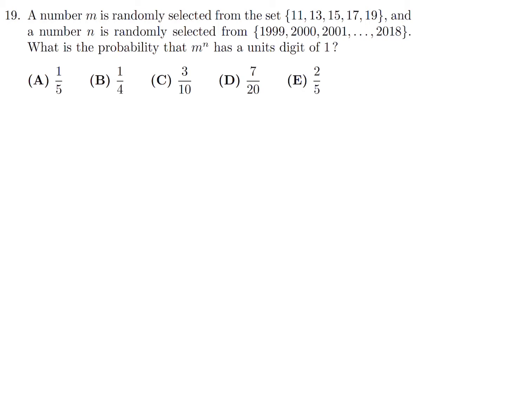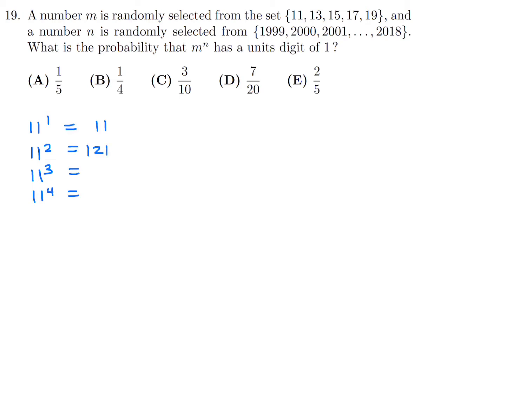A number M is randomly selected from the set 11, 13, 15, 17, 19, and a number N is randomly selected from 1999 to 2018. What is the probability that M to the power of N has a units digit of 1? Well, let's start with 11. 11 to the power of 1, 11 to the power of 2, 11 to the power of 3, 11 to the power of 4. Let's get an idea of what the units digits are.